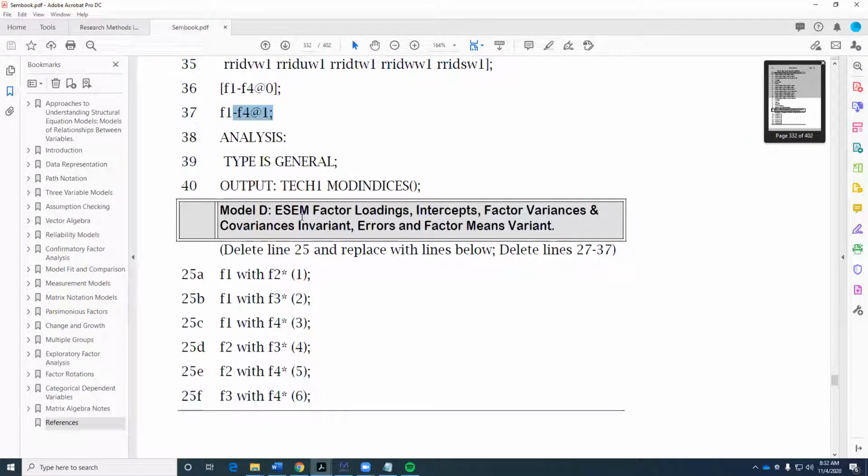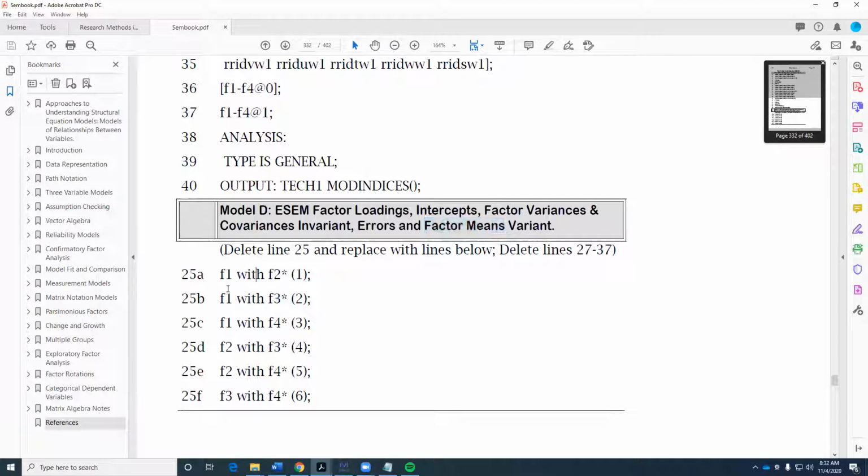If I want, I can say that the factor loadings, the intercepts, and factor variances are invariant, but that the means are variant. So what this would say is, in factor 1 and factor 2, there's the same loadings and factors going on, but maybe the means of the, in this case, reasons for drinking variables are different across men and women.